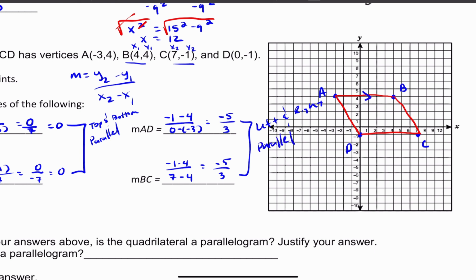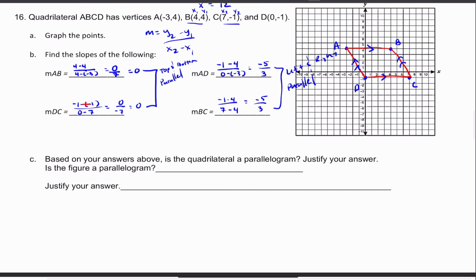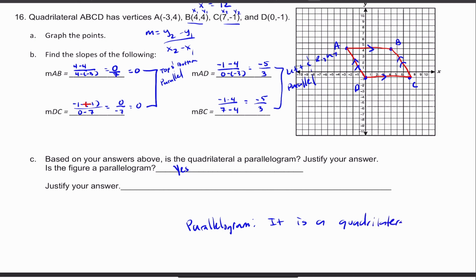We said that the top and bottom are parallel, and now we show that the left and the right are parallel. So based on your answers above, is the quadrilateral a parallelogram? Yes. Remember, the definition of a parallelogram is that it is a quadrilateral with two pairs of parallel sides.